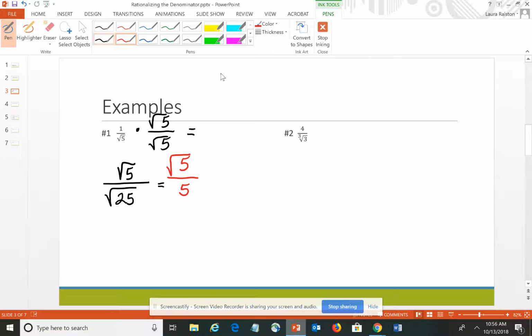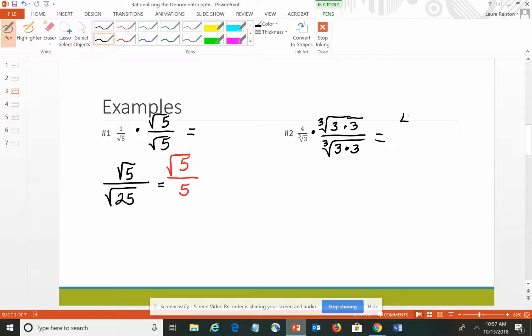In example 2, we have 4 over the cube root of 3. I have a cube root this time, so I need to make the 3 a perfect cube, which means ultimately I need a set of three 3s. I can see that I have 1 in the initial problem, so that tells me I need 2 more. So I'm going to multiply the numerator and the denominator by 2 additional 3s, which would actually be the cube root of 9.